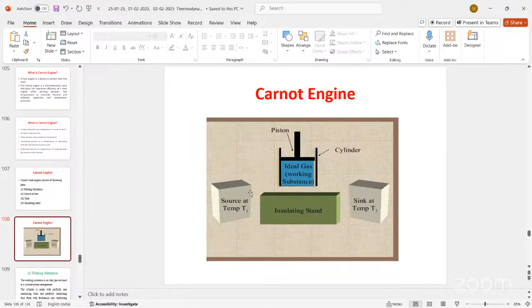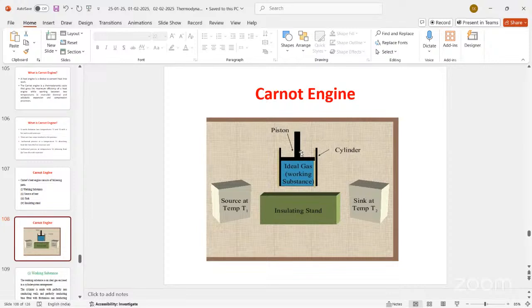You see this figure. The source is at temperature T1, the insulating stand is kept here, and the sink is at T2. The source at T1 is the hot reservoir and this is the cold reservoir. The substance we are taking is an ideal gas.